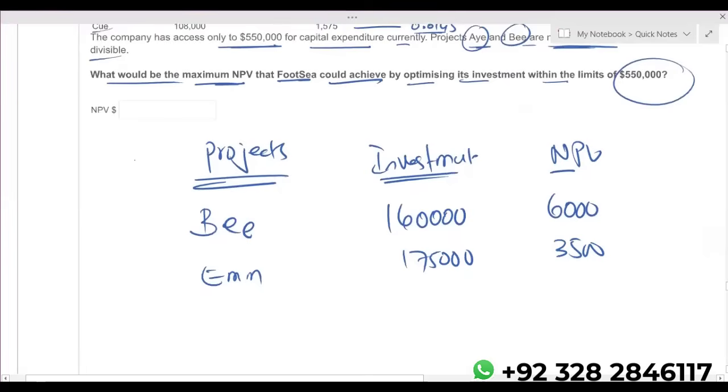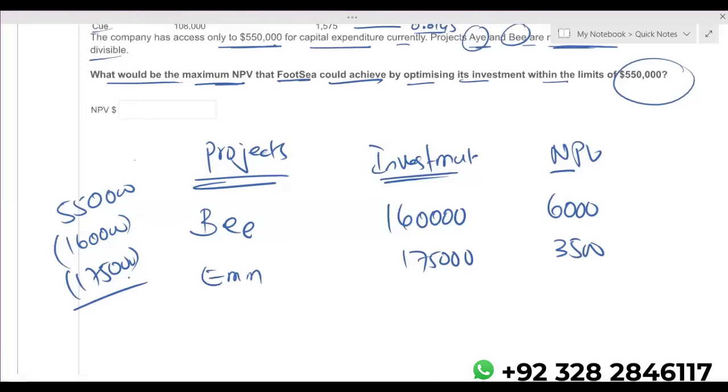Now, the total investment which we have is 5,50,000. We have invested 160. We have invested 175 also. How much is still left? How many dollars are left? 550 minus 160 minus 175. 5,50,000 minus 160 minus 175.